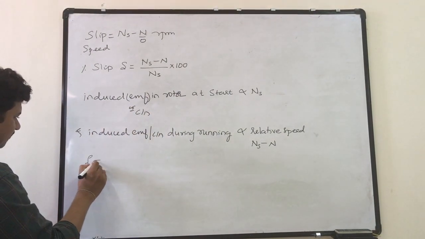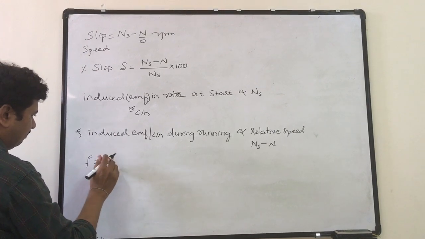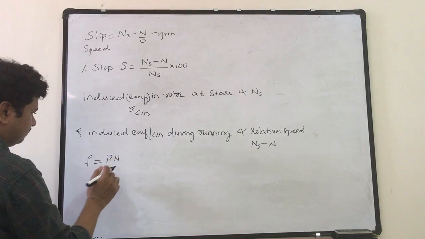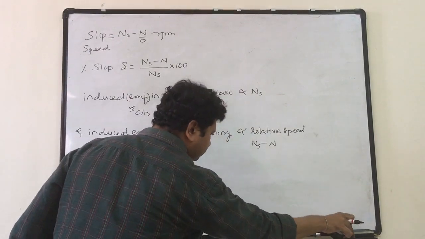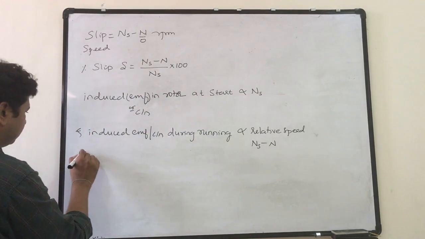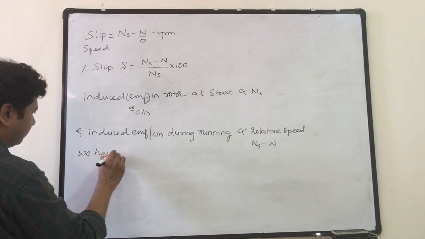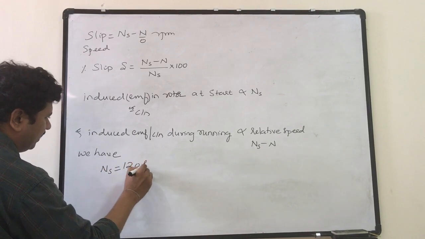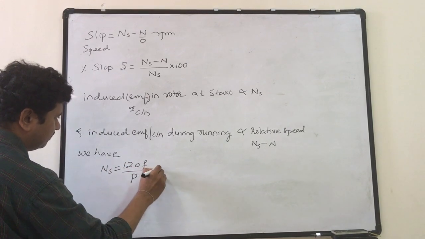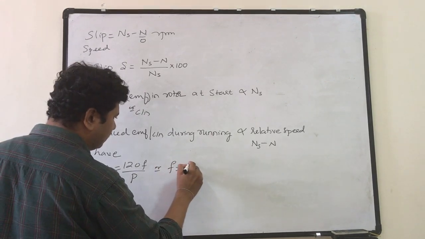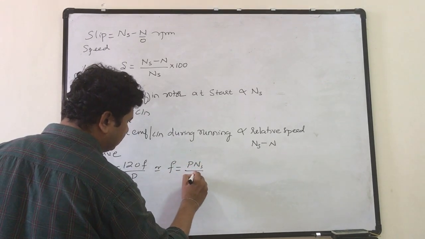frequency f is equal to p into ns by 120, or we have ns is equal to 120 f upon p, or f is equal to p into ns by 120.